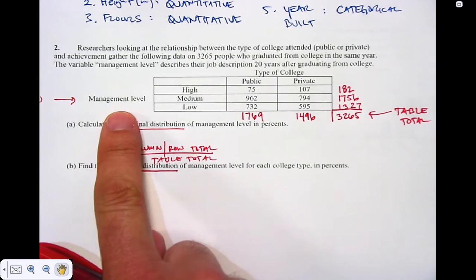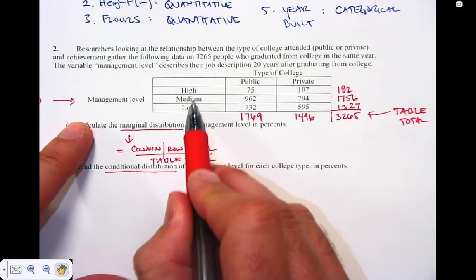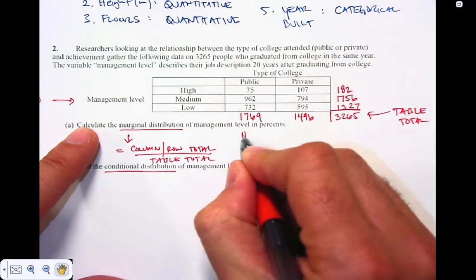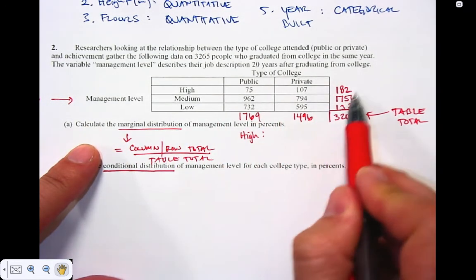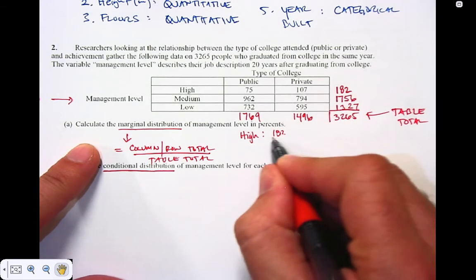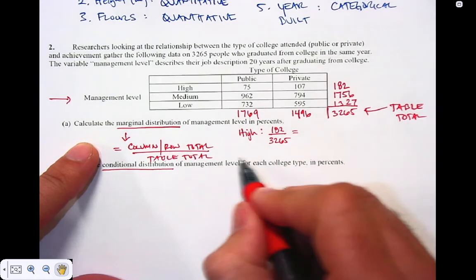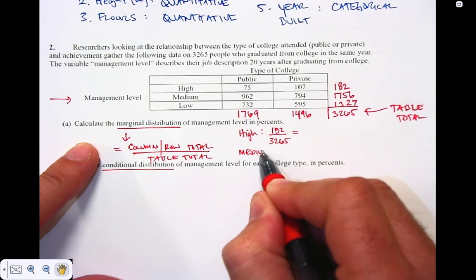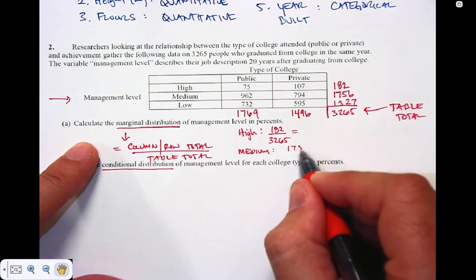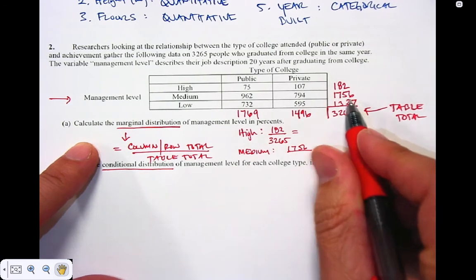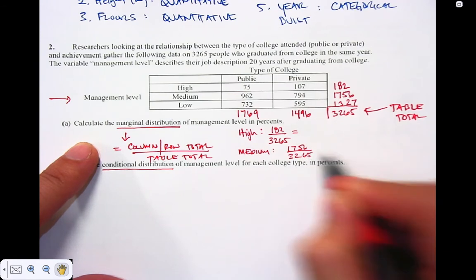Let's find those marginal distributions. You're going to find three things: high, medium, and low. Your high marginal distribution would be the total number of high jobs, 182, out of the table total, 3,265. Then you're going to find the same thing for medium, which would be a total of 1,756 medium management level jobs out of everyone, 3,265.